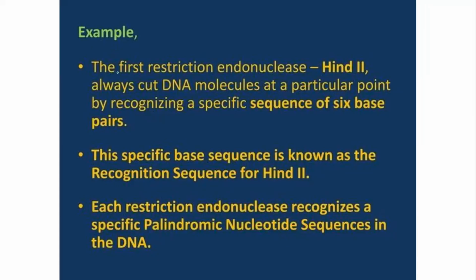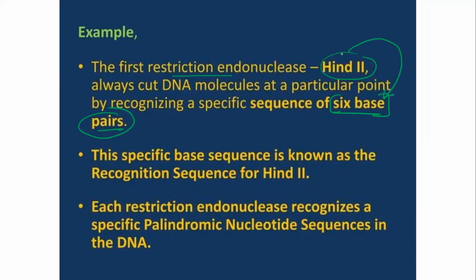Okay. Now, coming to examples. The first restriction endonuclease, that is HindII, always cuts the DNA molecule at a particular point by recognizing a specific sequence of 6 base pairs. Remember this: a 6 base pair sequence is recognized by the HindIII enzyme.